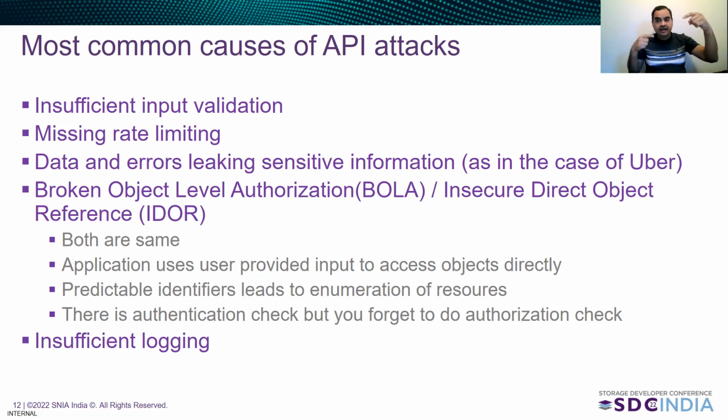So an attacker can try multiple number combinations, and since there's no rate limiting in place, it can enumerate through an entire data set and pull out all the information that is there in your database, right? Last point, there is authentication check, but you forgot to do authorization check. Yes. So you have authenticated the user, but you have not checked whether the user is authorized to access that particular data set. And insufficient logging, I think I'll skip this part.